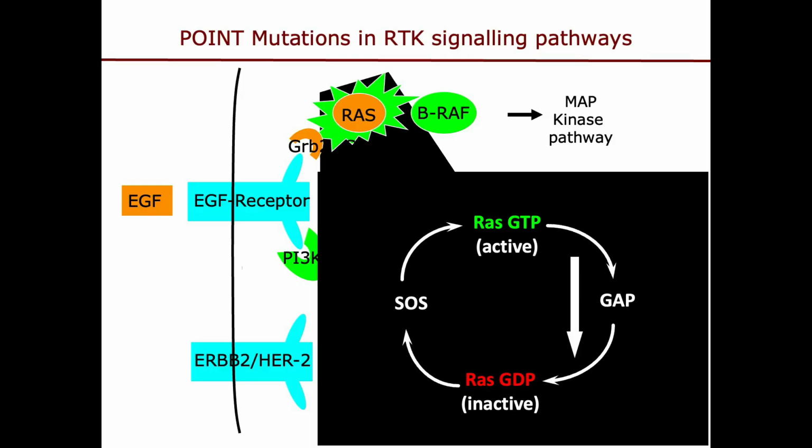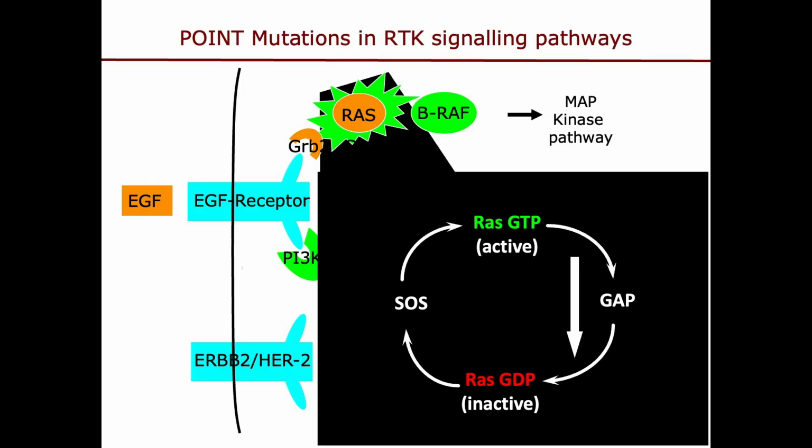So the signal that would be passed on down the pathway is inactivated by hydrolysis of GTP and activated by binding of fresh GTP. The inactivation is catalyzed, as well as the enzymic activity of RAS, by the binding of a GTPase activating protein, a GAP protein.